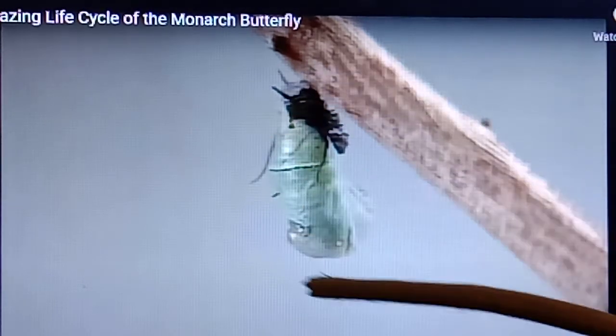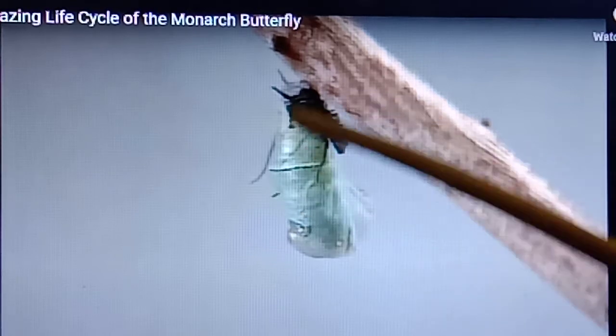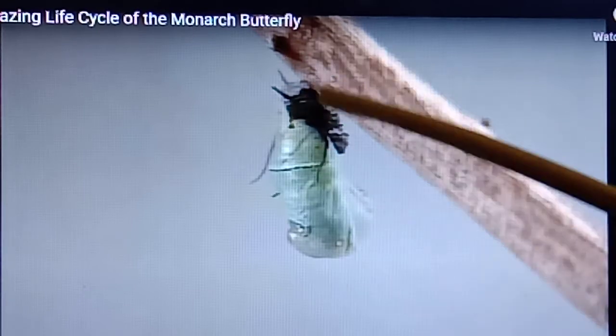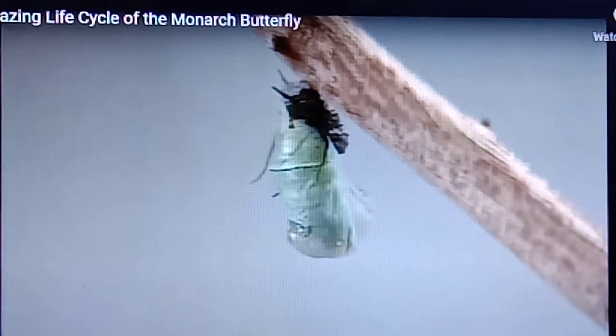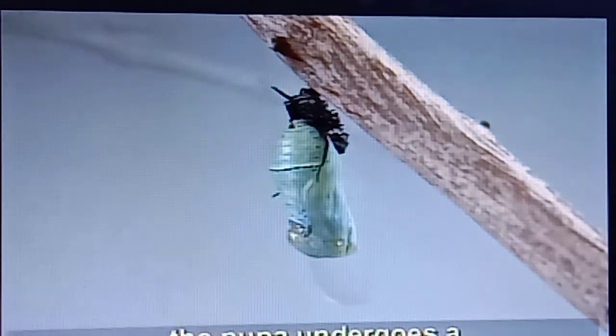When it secretes silken thread around its body and sticks to the twig, we call it a pupa or a chrysalis. It remains inside the chrysalis for the next 11 or 12 days. During this period, it will not eat anything.